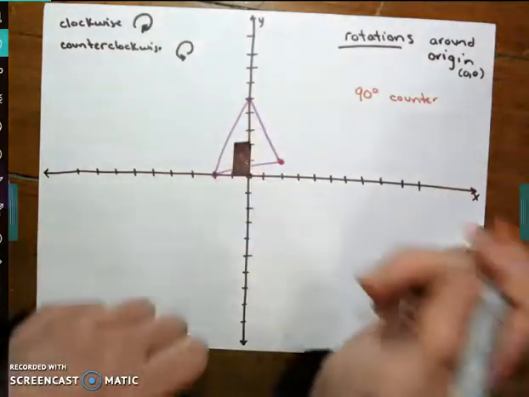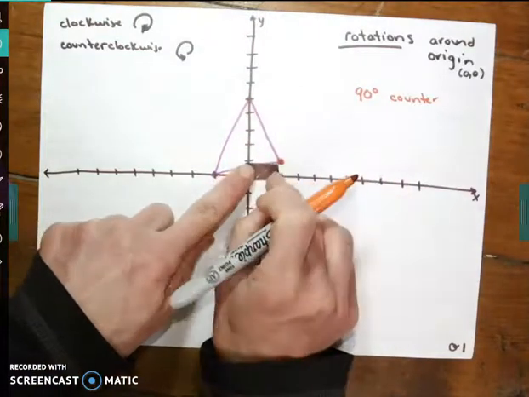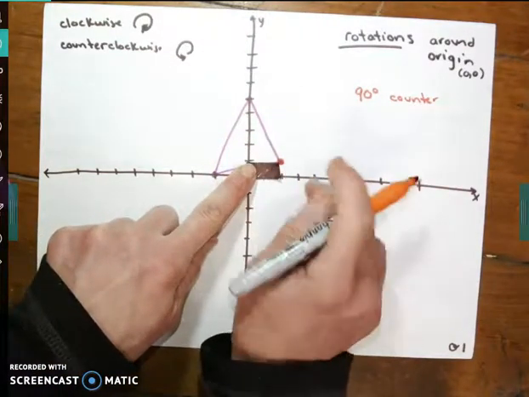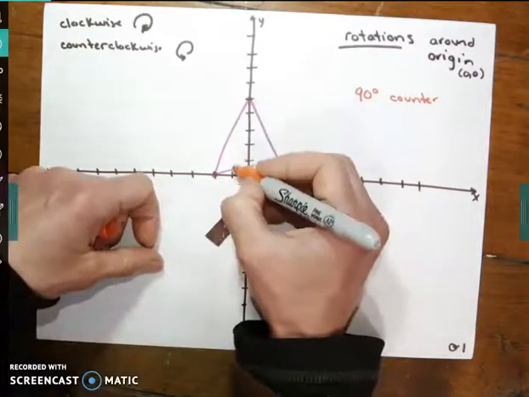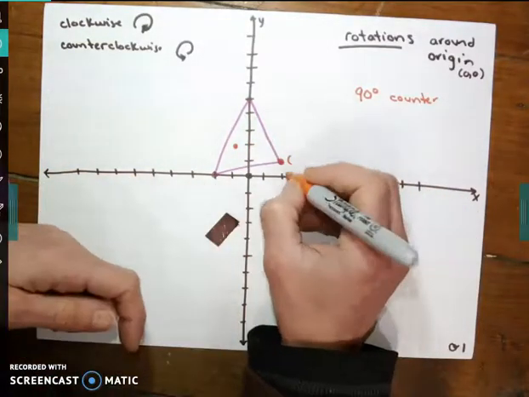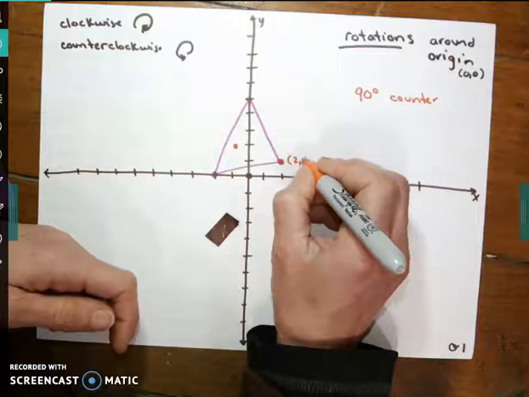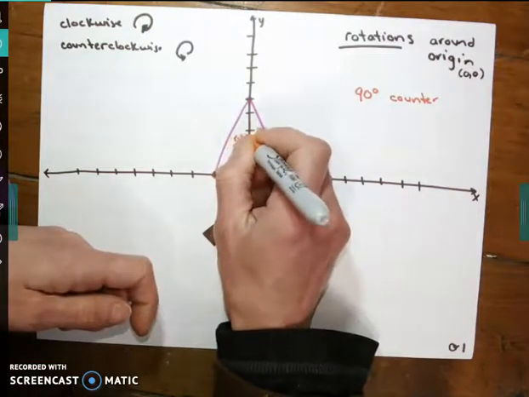So where did the point go? Follow carefully. It was this one. Now that one ends up here. So this original point was 2, 1. Now it's at -1, 2.